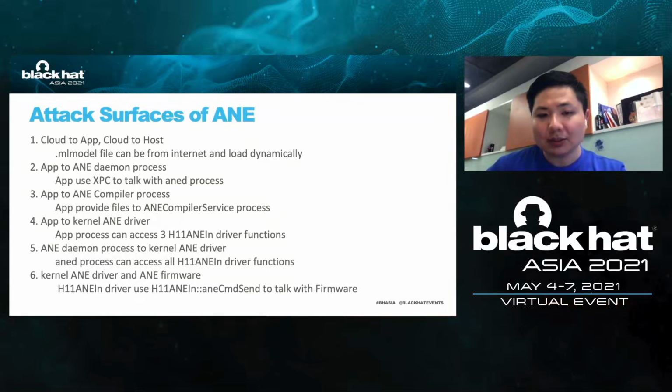Although the app does not directly interact with the ANE compiler, the app's files will be directly transferred by the ANE daemon to the ANE compiler. The ANE compiler is transparent to the app to a certain extent.